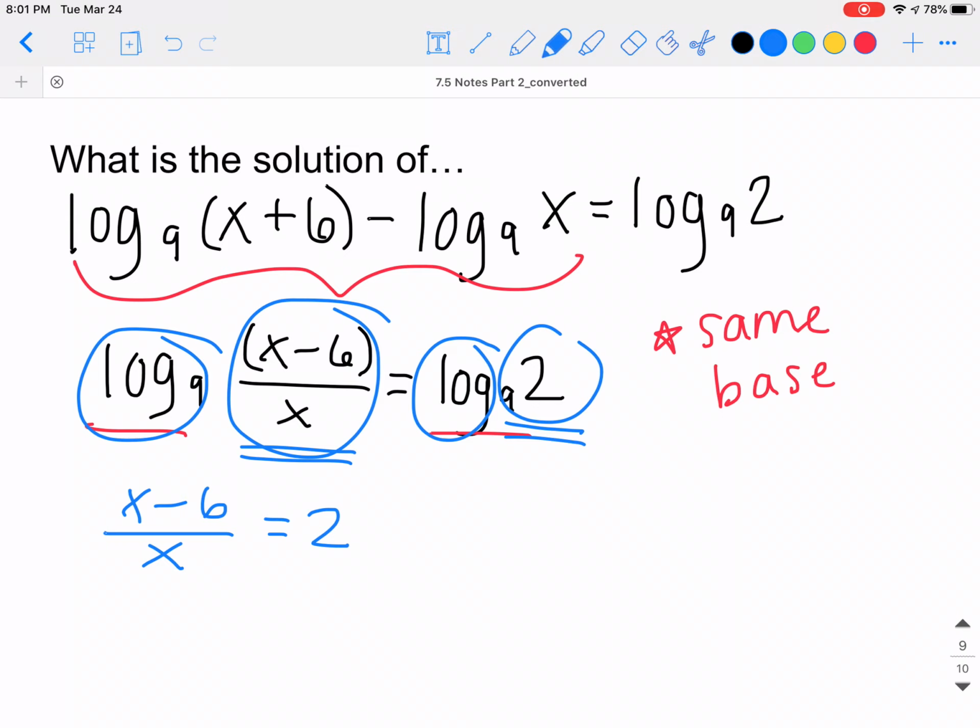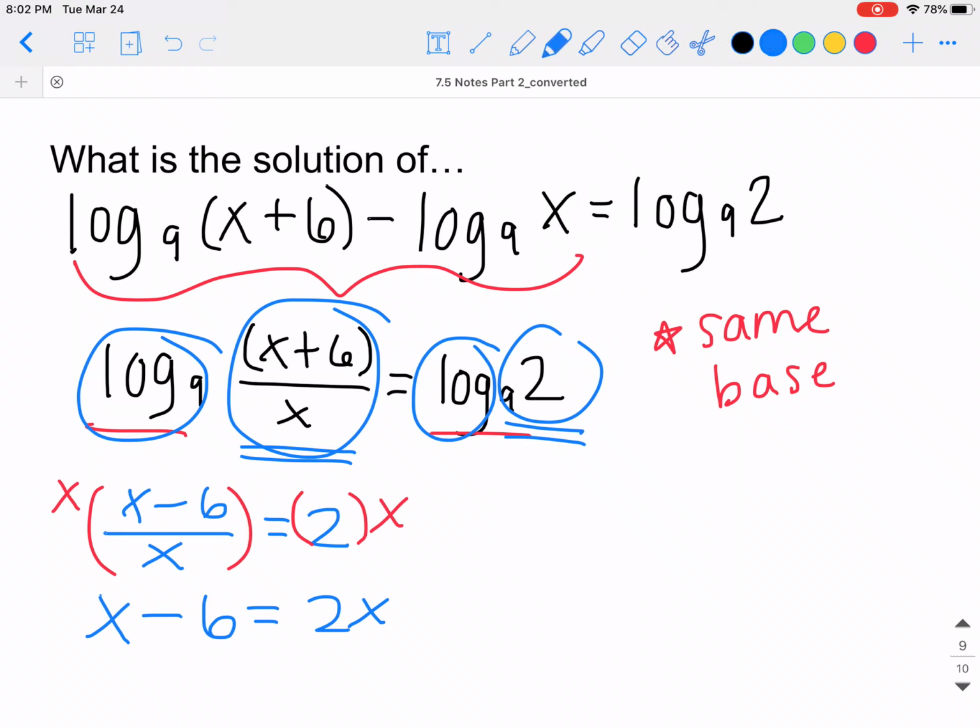To solve for x, we're going to multiply both sides by x first to get this out of our fraction. And we're left with x minus 6 equals 2x. Subtract x from both sides. If we go back, this is x plus 6 here.